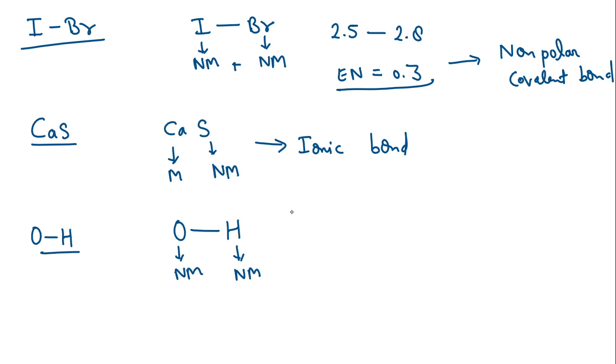The En value for oxygen is 3.5 and for hydrogen is 2.1. So the En difference is equal to 1.4. As you can see, the En difference is much greater than 0.5, so this is more polar. So this is a polar covalent bond.